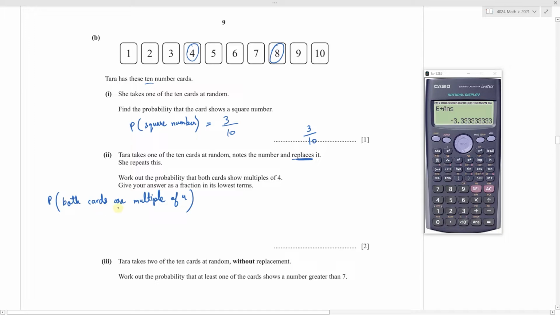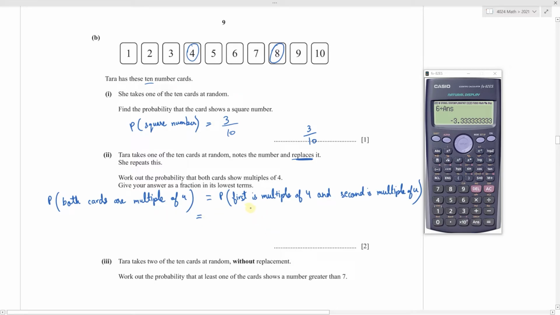So the probability that you get both cards as multiple of 4 is the probability that the first card is multiple of 4 and second is also multiple of 4. That's when you will have both cards that are multiple of 4.